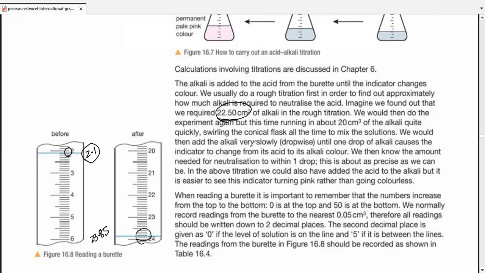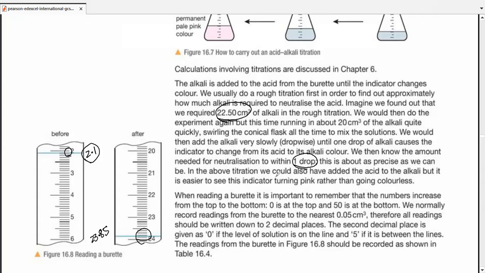We would then add the alkali pretty slowly, drop-wise, until 1 drop of alkali causes the indicator to change from its acid color to the alkaline color. We then know the amount needed for neutralization to within 1 drop. This is about as precise as we can be.